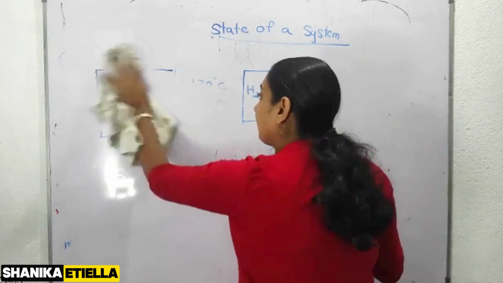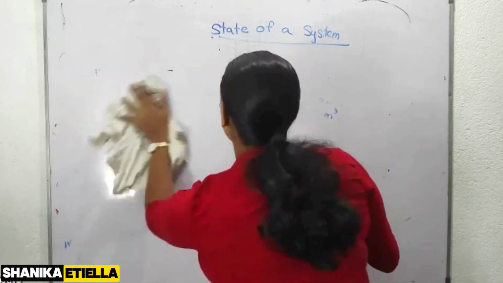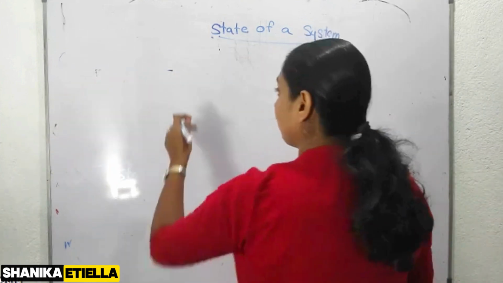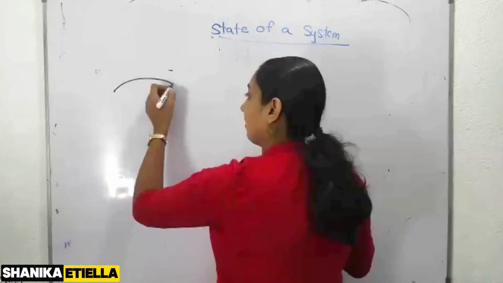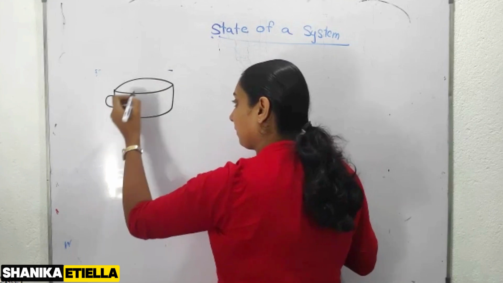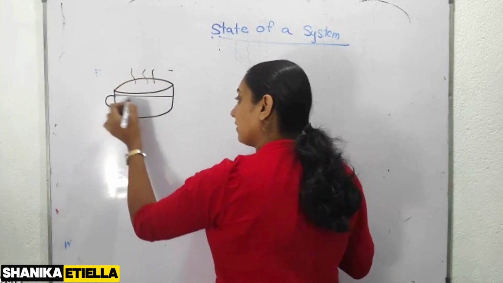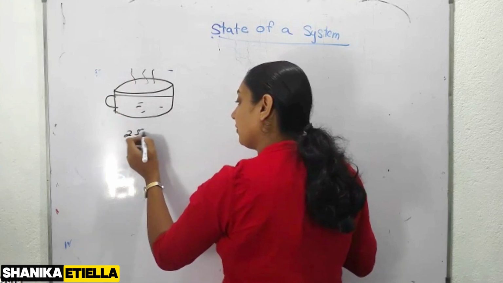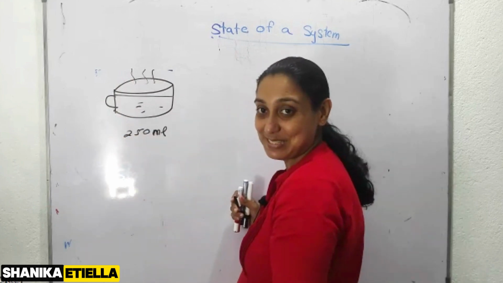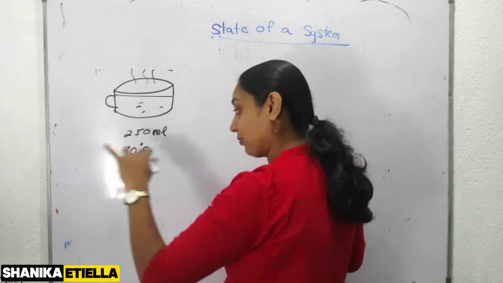Let's imagine your mother makes your hot coffee. There is a hot coffee with you now, about 250 milliliters in volume. Let's imagine 70 Celsius, not more than that.